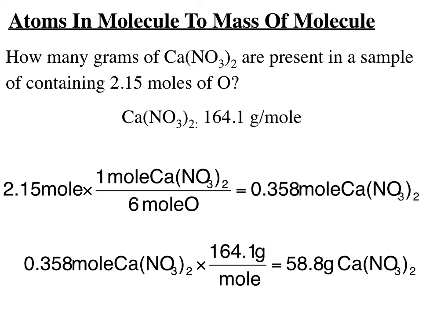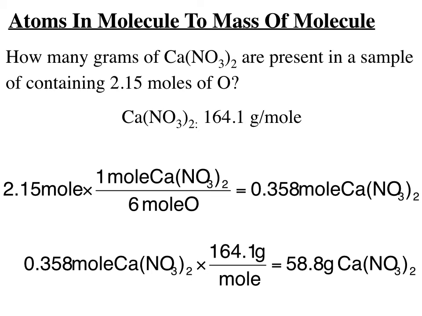That tells me that number of moles of oxygen must be present only if I have 0.358 moles of calcium nitrate. Notice if I multiplied 0.358 by 6, I would get 2.15 moles, which would be the total of 6 times as many moles of calcium nitrate.